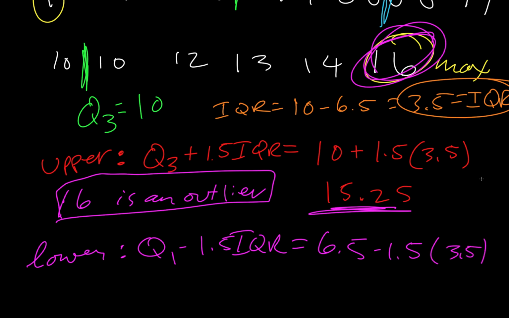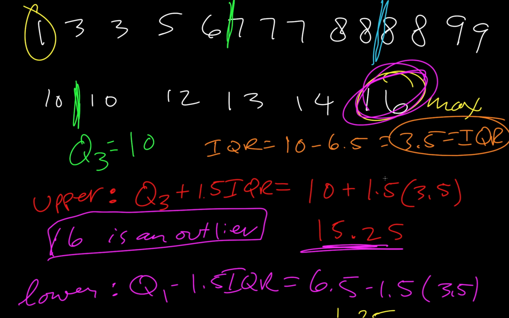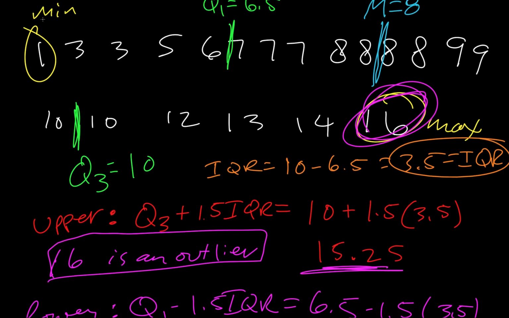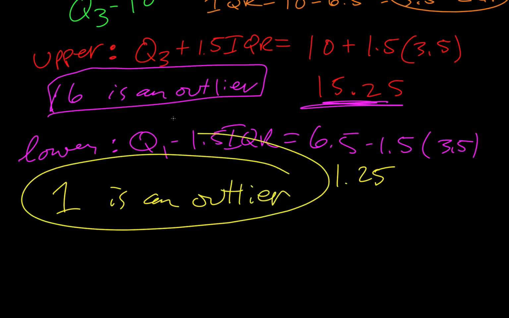We plug that into a calculator, and we see that our lower bound is 1.25. So since 1 is below 1.25, 1 is considered an outlier. So we have 16 that's an outlier and 1 that's an outlier.